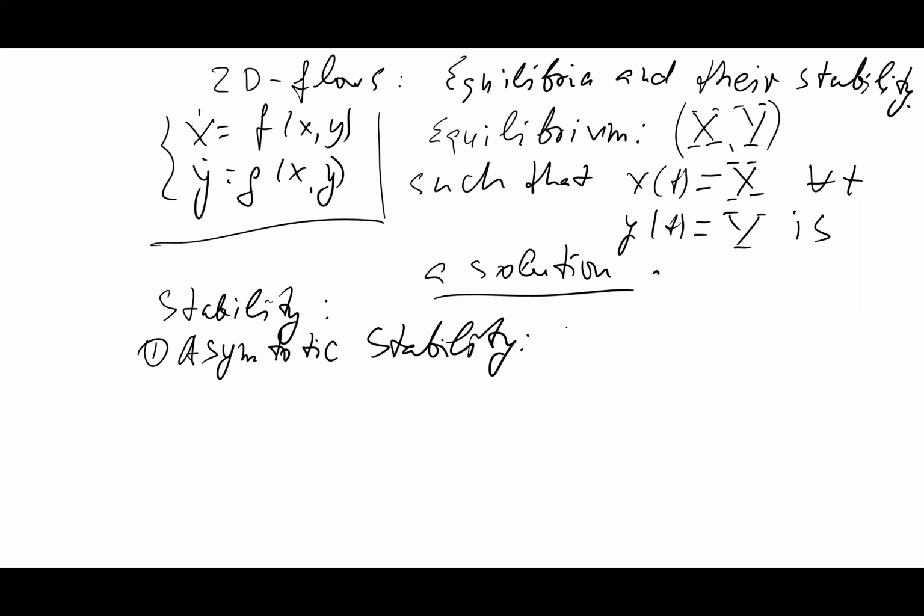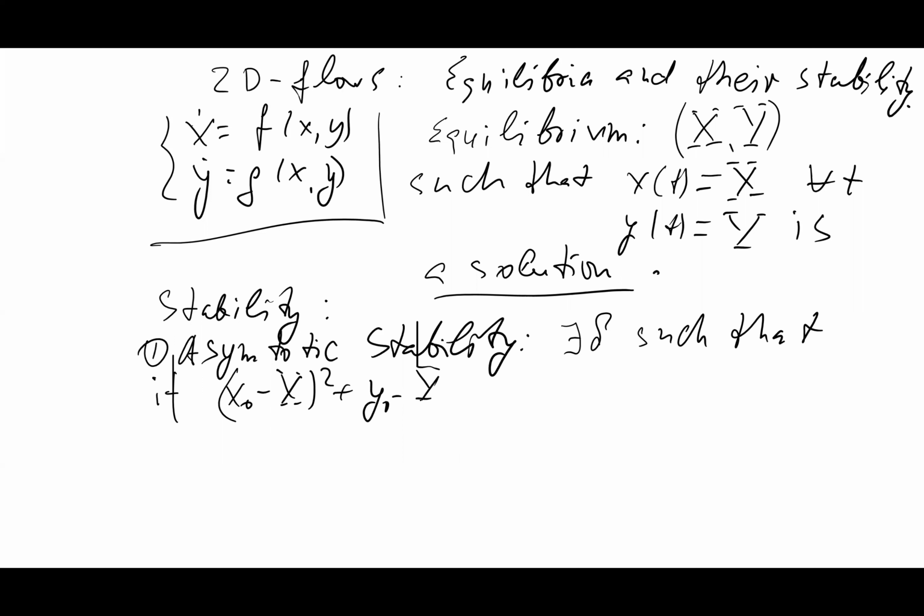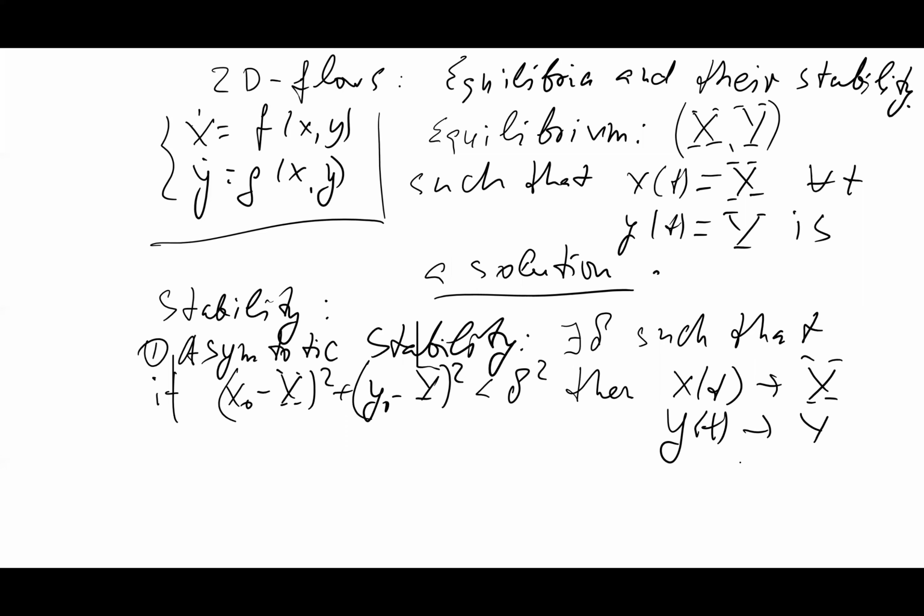So there is delta such that if (x naught minus X capital) squared plus (y naught minus Y capital) squared is less than, say, delta squared, then x of t tends to X capital, y as a function of t tends to Y capital when time tends to infinity.